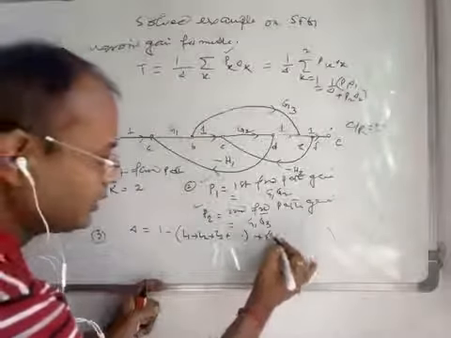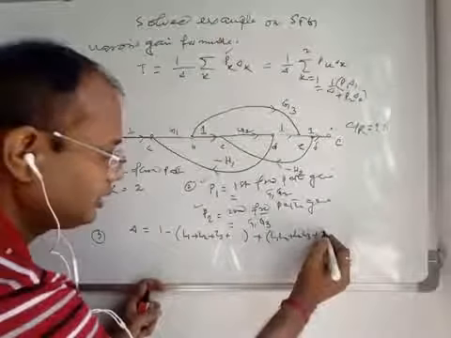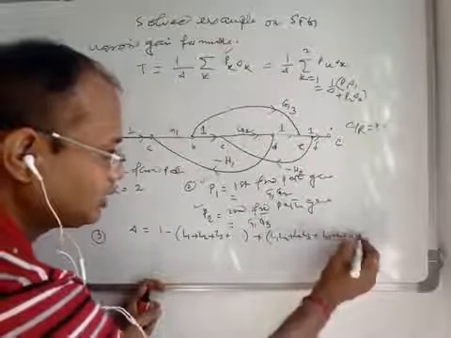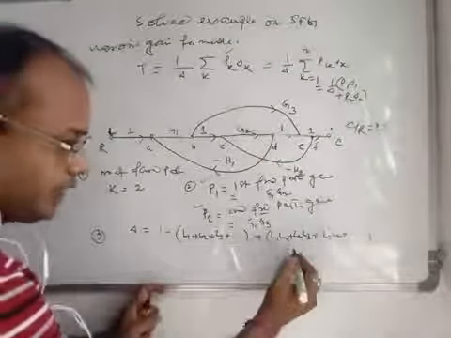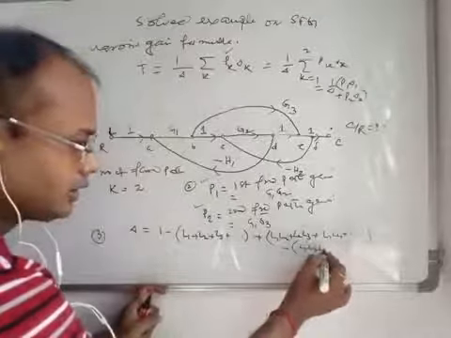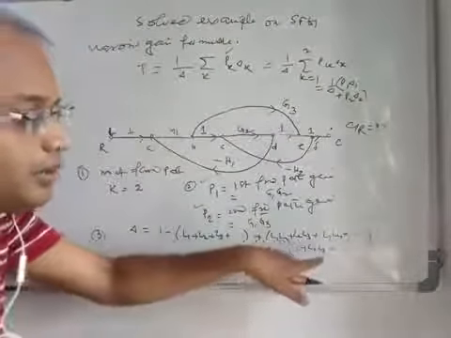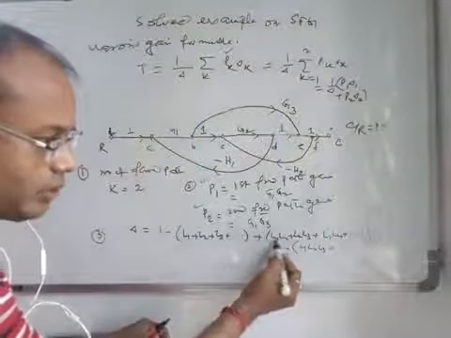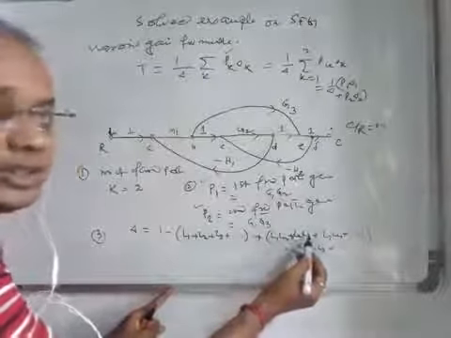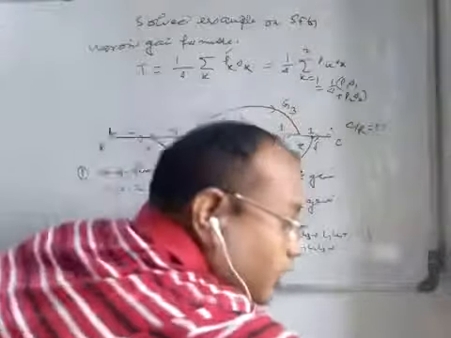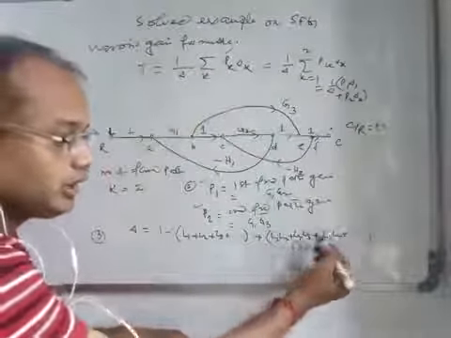That means there may be L1 L2 plus L2 L3 plus L1 L4 and so on, depending on the number of loops, minus L1 L2 L3 and so on. Gain products means L1 into L2, plus L2 L3.